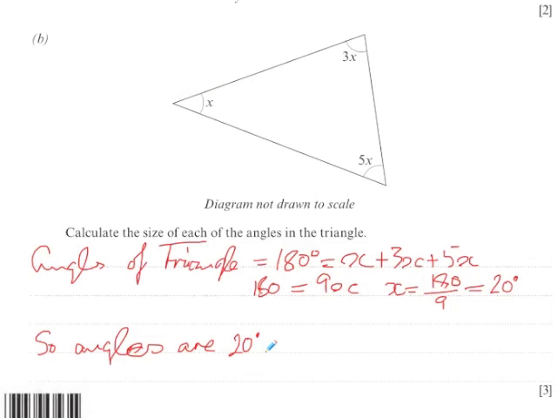And if you need to, you can work these out separately, but 3 times 20 is 60. And 5 times 20 is 100. And that's all you need to do. You can check this back. If you add these three angles together, they come to 180 degrees.